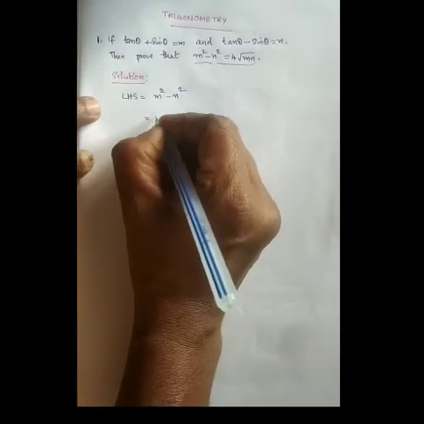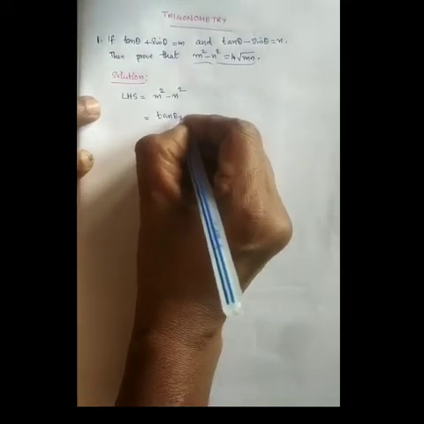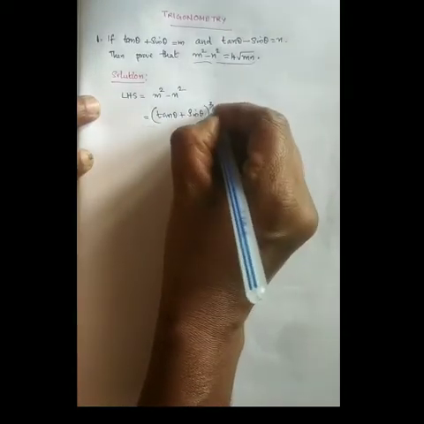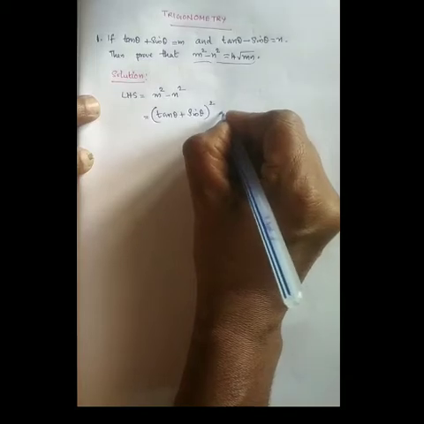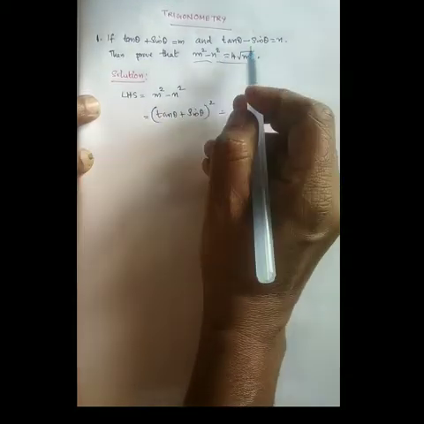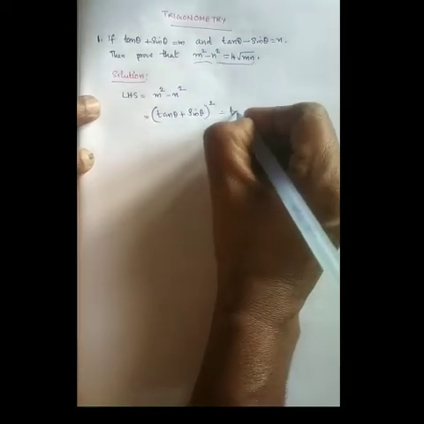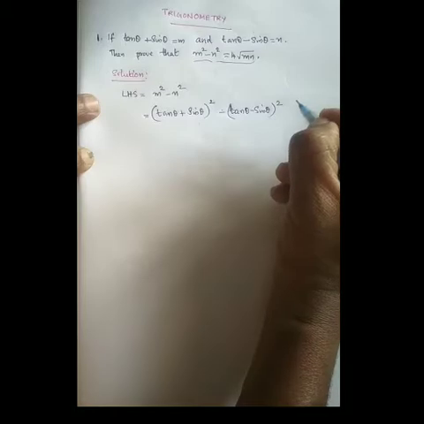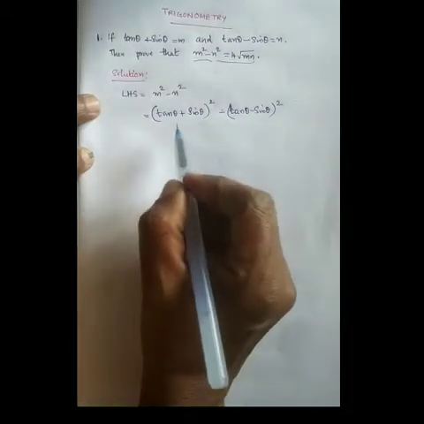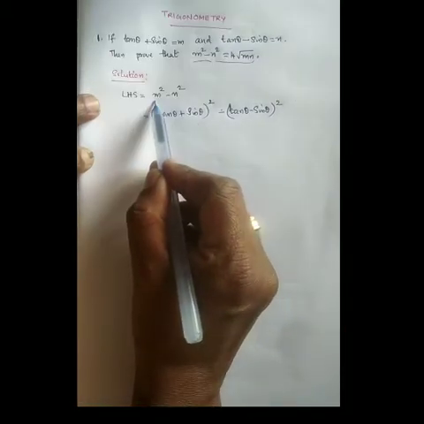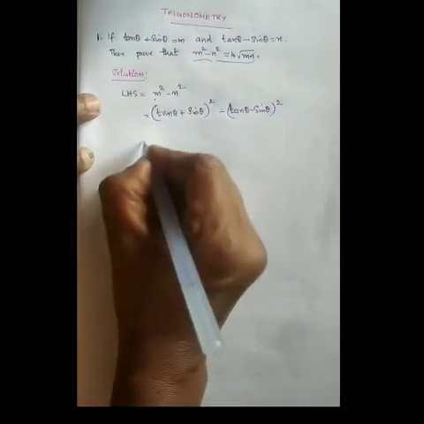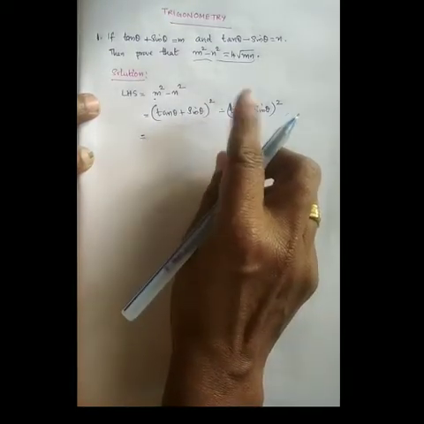That is m square is tan theta plus sin theta the whole square minus the value of n, tan theta minus sin theta, the whole square. Okay, that is we are substituting the values of m and n. Next is removing the bracket.